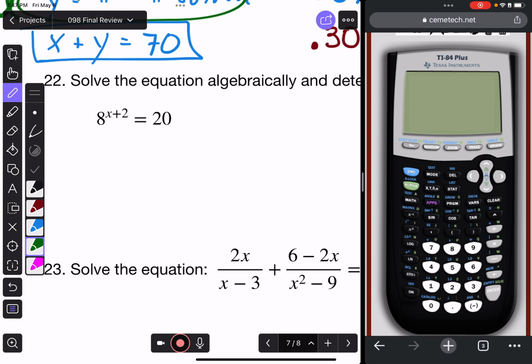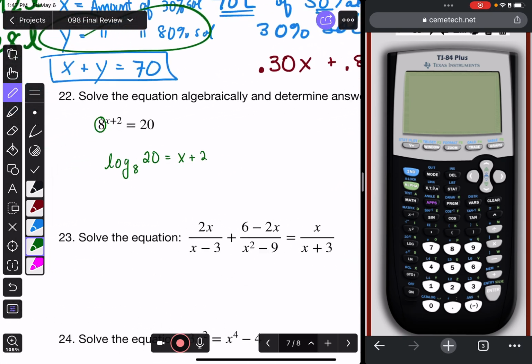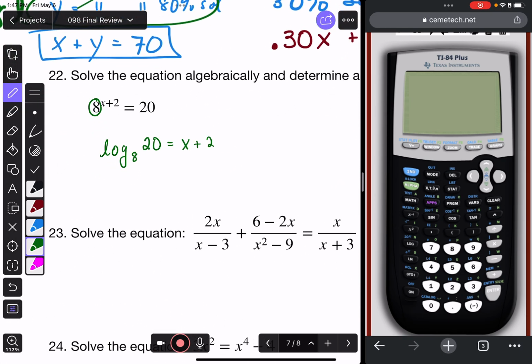I'm going to do it the straightforward way, which says, hey, your base is 8. So this is a logarithm. Base 8 of 20 gives you the exponent, which is x plus 2. And finally, all we have to do is subtract that 2, and we'll know what x is.